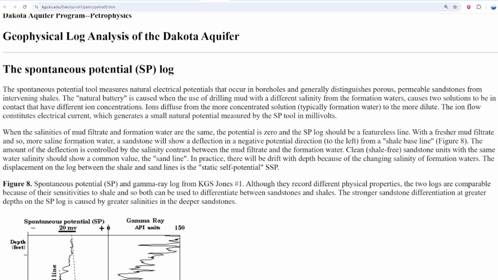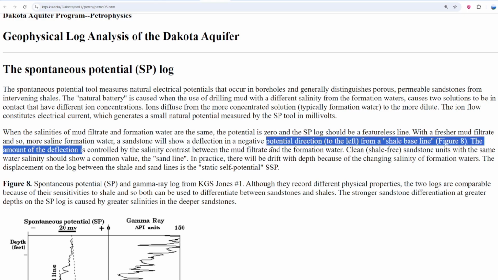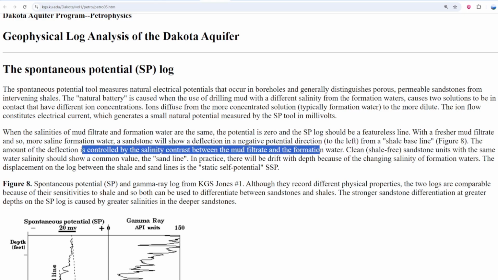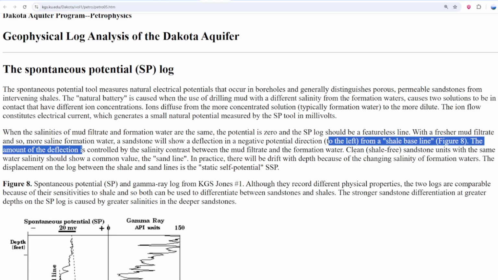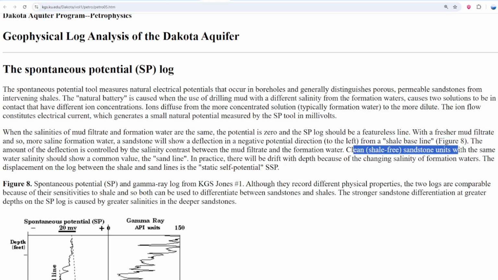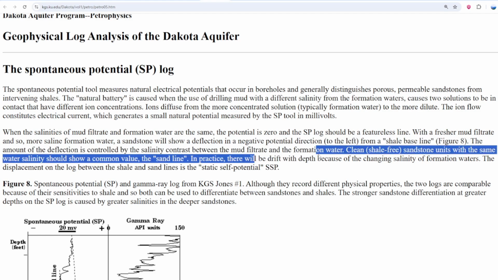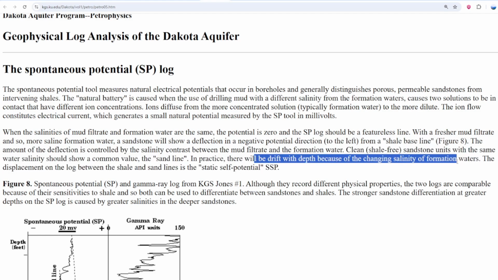The amount of deflection is controlled by the salinity contrast between the mud filtrate and the formation water. Clean, shale-free sandstone units with the same water salinity should show a common value, the sand line. In practice, there will be drift with depth because of the changes in salinity of formation waters.